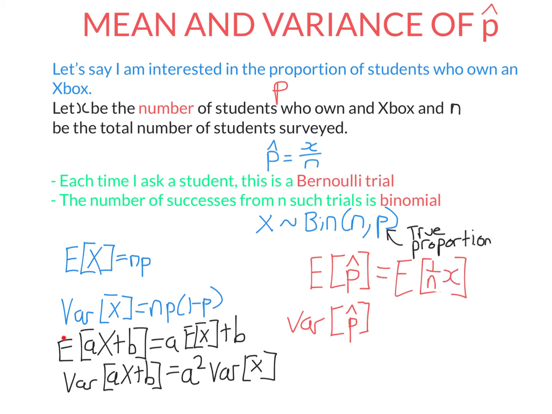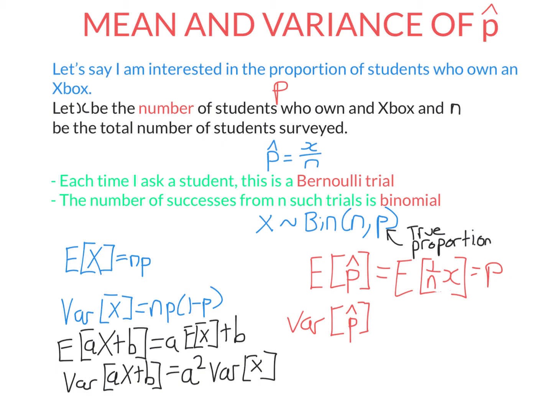Using this rule here, if I have something in front of the x, the expected value is just going to be 1 on n times the expected value of x. The expected value of x was np. Of course, the n's cancel out, and I'm just left with p. So the expected value of my sample proportion is whatever the true proportion of students with an Xbox is.